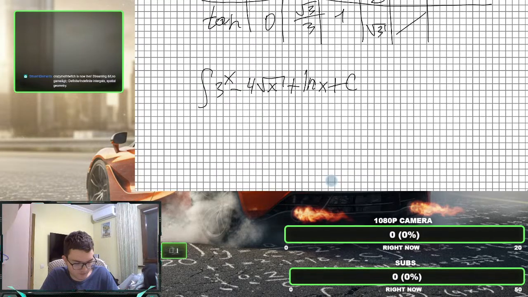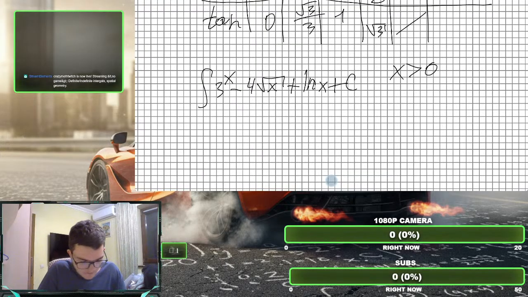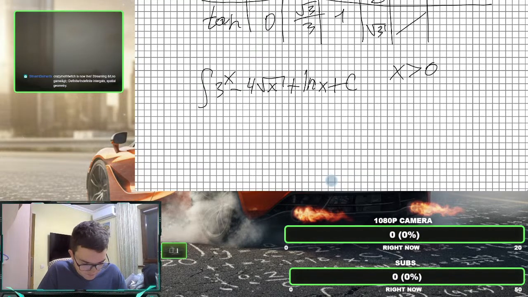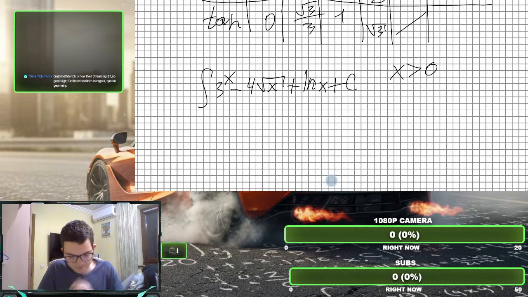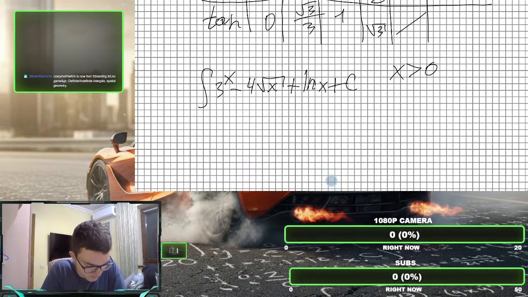So it's saying that if there's square root of x and ln of x, x has to be higher than 0. So I can write that down. And now I have to do the derivative of this, basically.